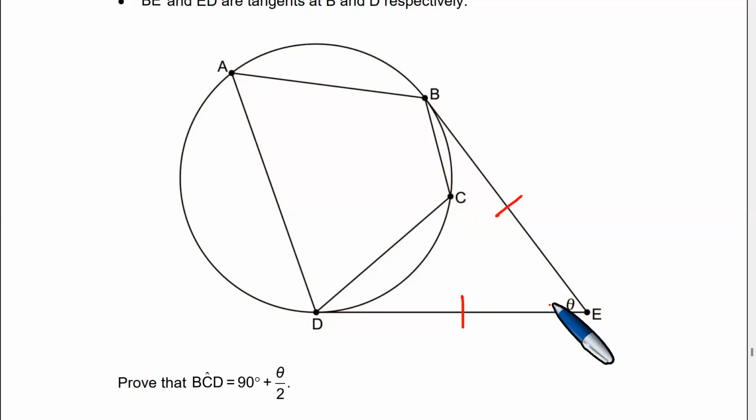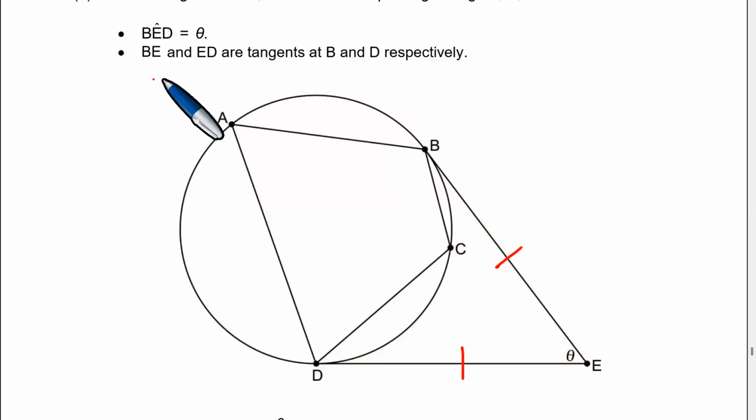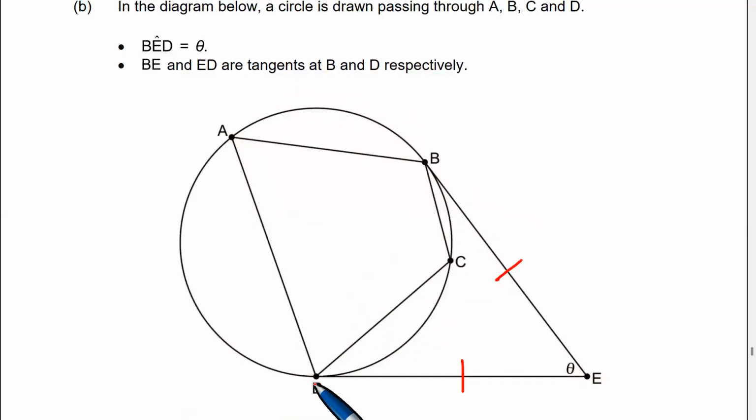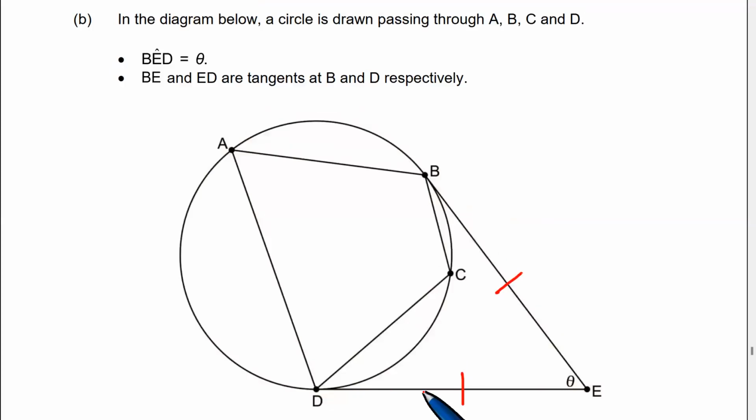To prove this, you realize that first things first, because the examiner said that BE and ED are tangents at B and D respectively. So at B and D you have tangents. What do we do with these tangents? With these tangents, we realize they're equal.